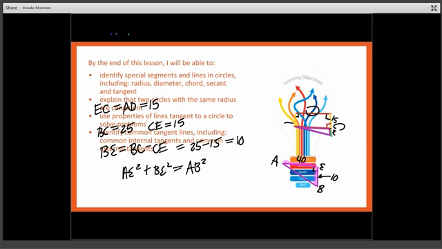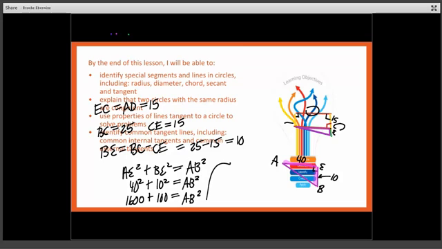And plugging in those values, AE is 40, so 40 squared, plus BE is 10 squared. That is going to equal AB squared. So now we can just simplify. 40 squared is 1600. 10 squared is 100. That is equal to AB squared.